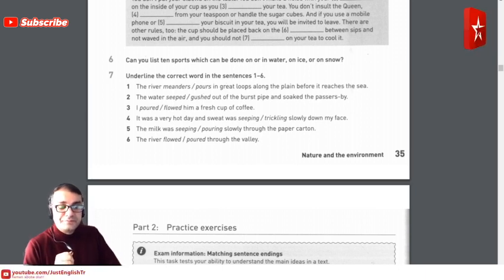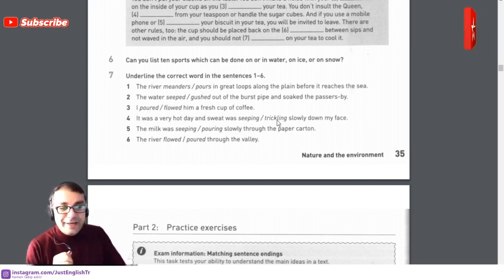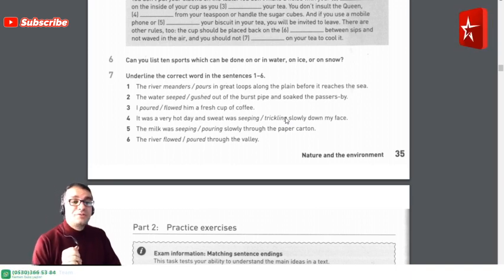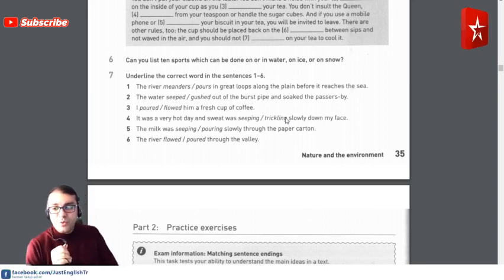What do you think? Which one is correct? 4. Okay. Nursina, unfortunately, is wrong. No. Number 4 is this one, trickling. Because this word will give different meanings, so we are choosing this one. This is number 4. All of you were mistaken, folks. Naveen, she said trickling, that's correct. Okay. What about number 5?